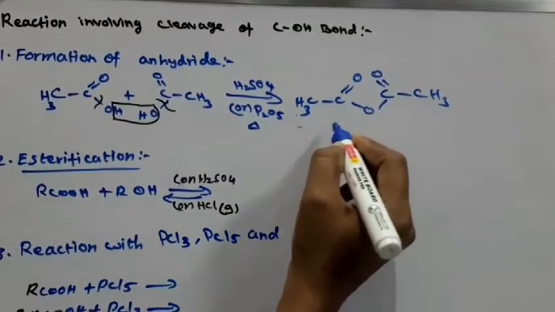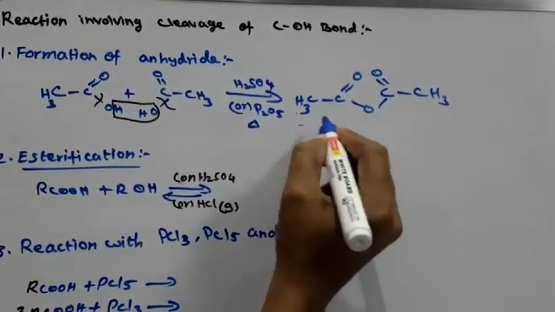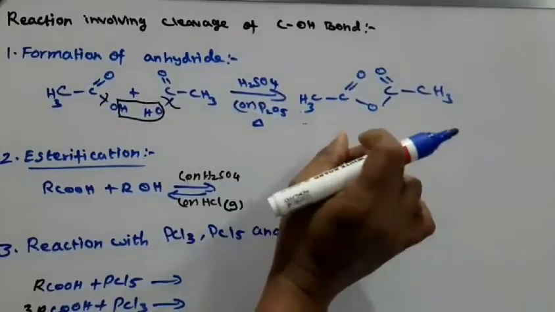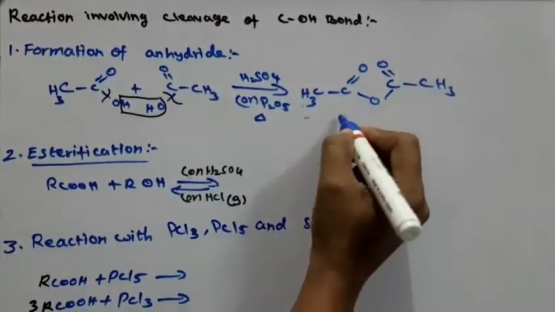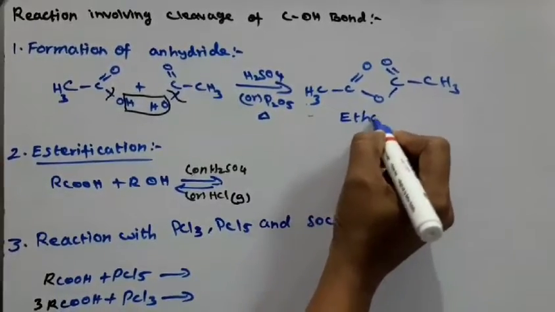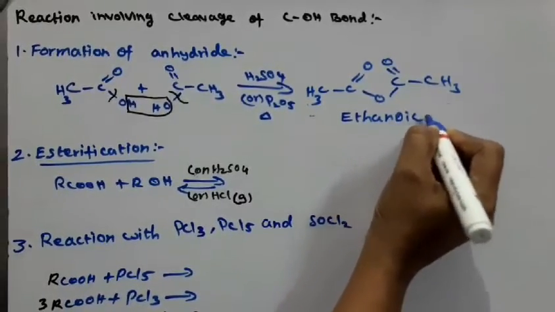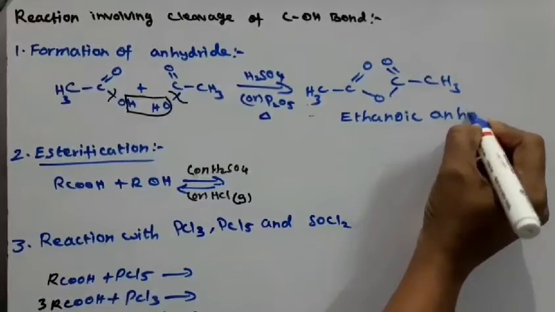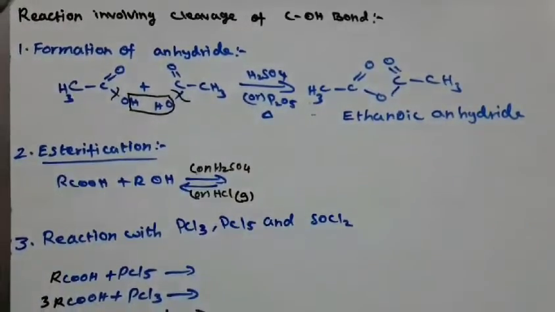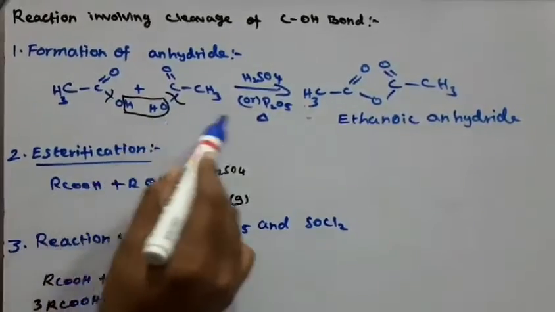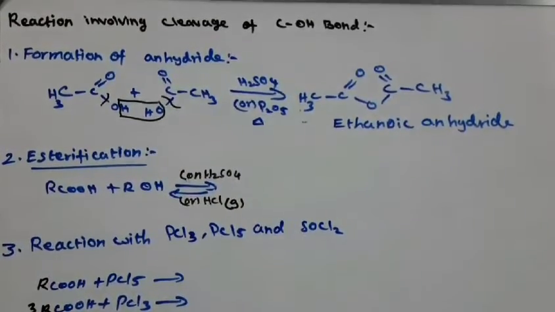What is the formula? Two molecules, so (CH3CO)2O, that is ethanoic anhydride. So ethanoic acid undergoes the cleavage of the OH bond to produce ethanoic anhydride.